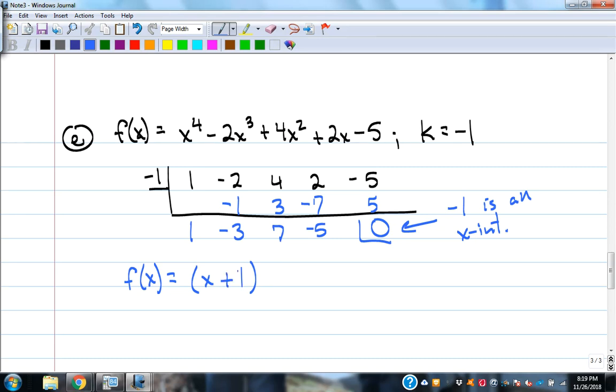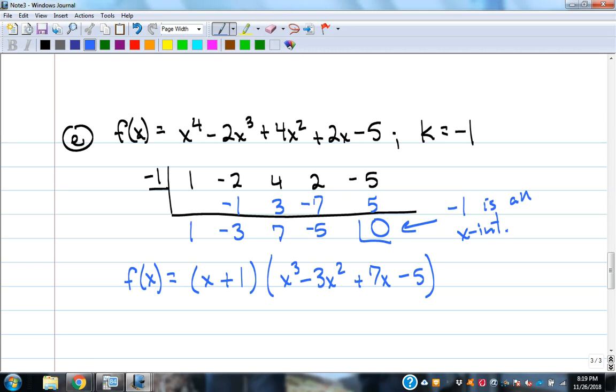Yeah, the opposite of that. And then the other part is going to be x cubed minus 3x squared plus 7x minus 5. We're going to learn some things in the next little bit that's going to help us break that down further. So we're just adding steps here and there to build up to the next spot.